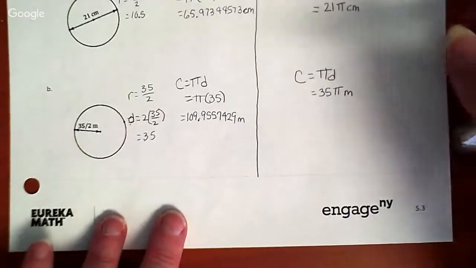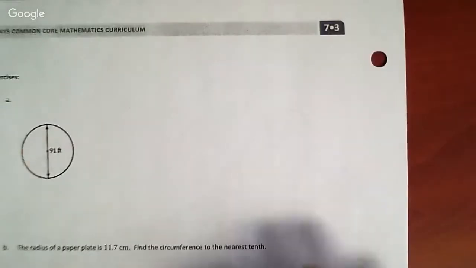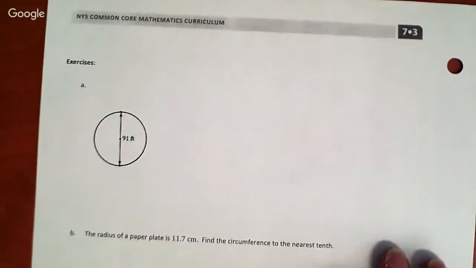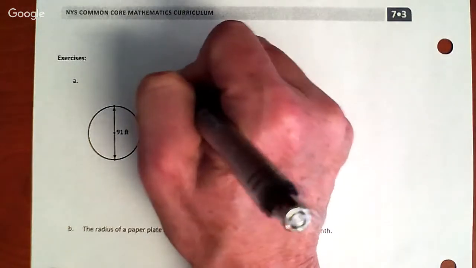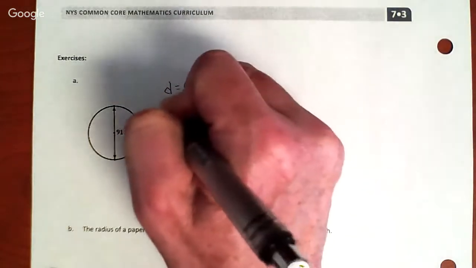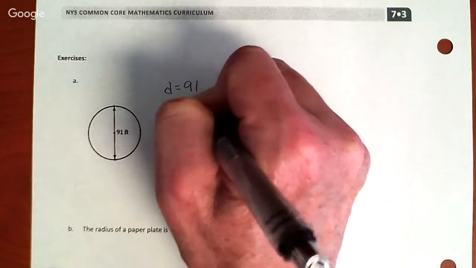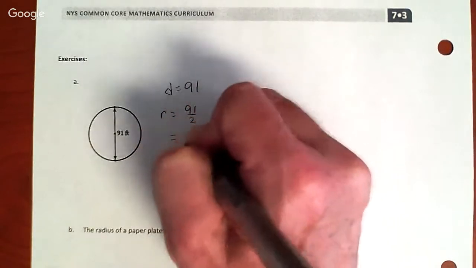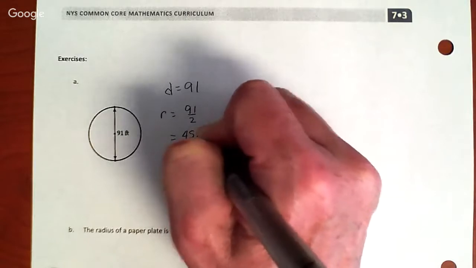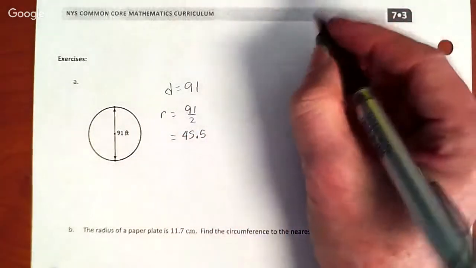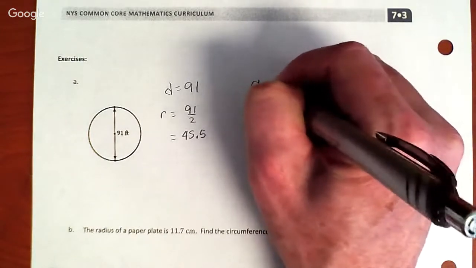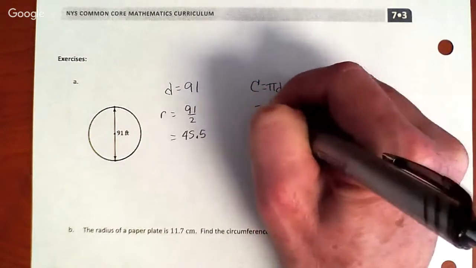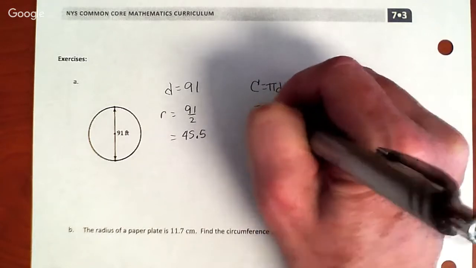So we have a couple more questions. For here, our diameter is 91. So our radius is half of that, or 45.5. So our formula, and then replace, pi times 91.